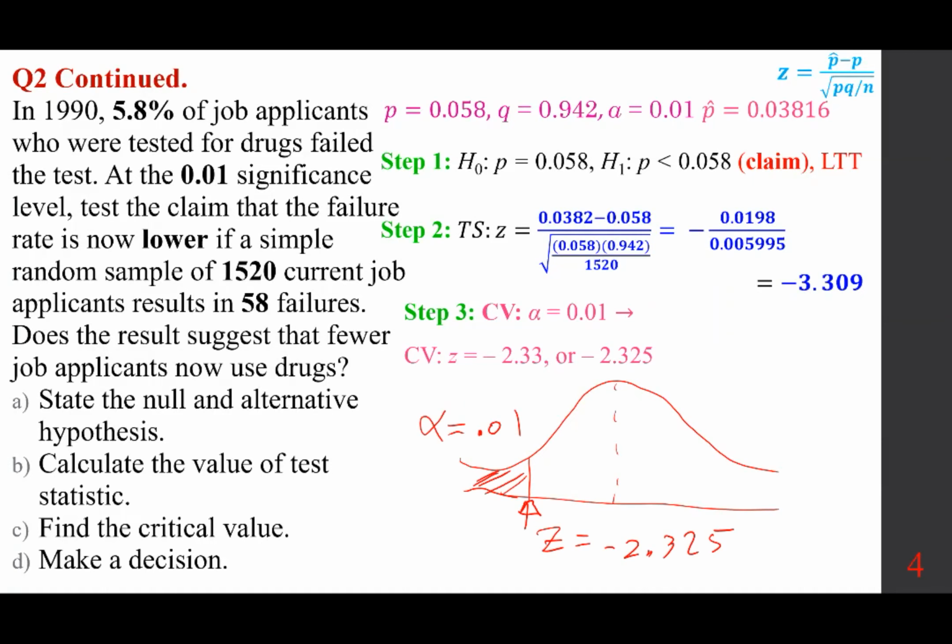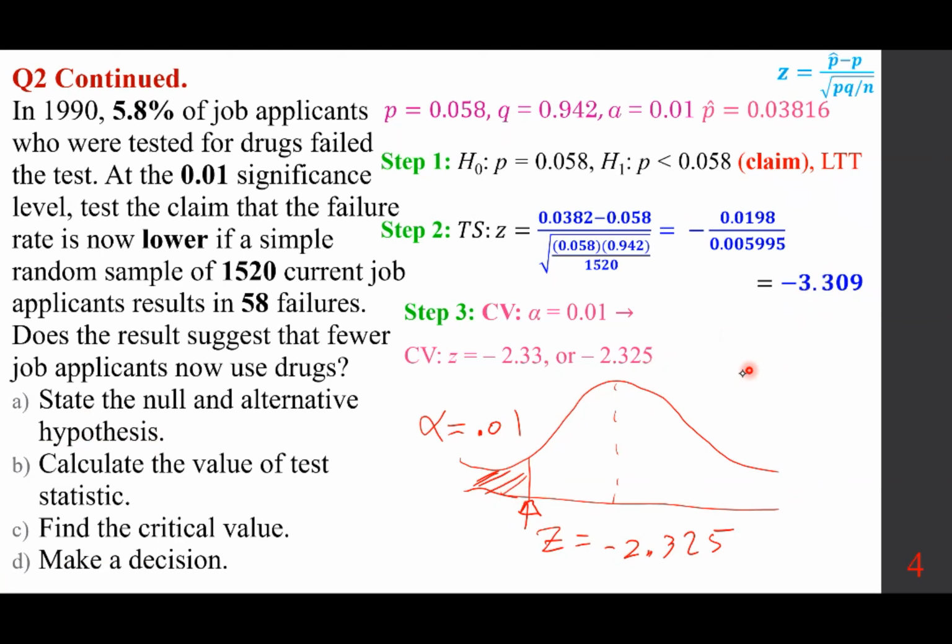The next part is making a decision. So this is the traditional method by which we compare two numbers. What numbers? The critical value and the test statistic. So where does this go? Again, this doesn't have to be to scale. This value was negative 2.325. This goes to the left of it somewhere here.